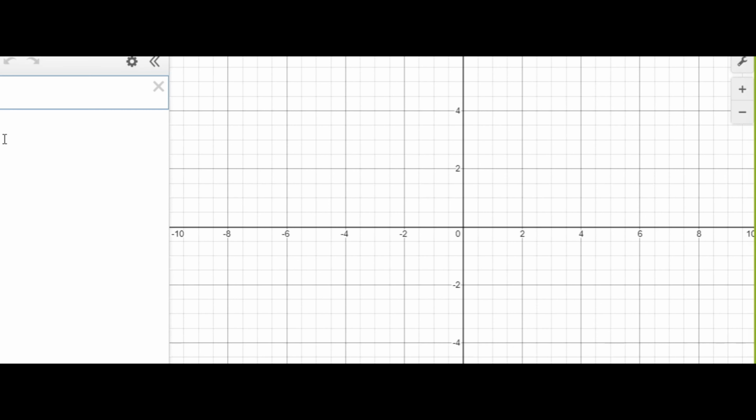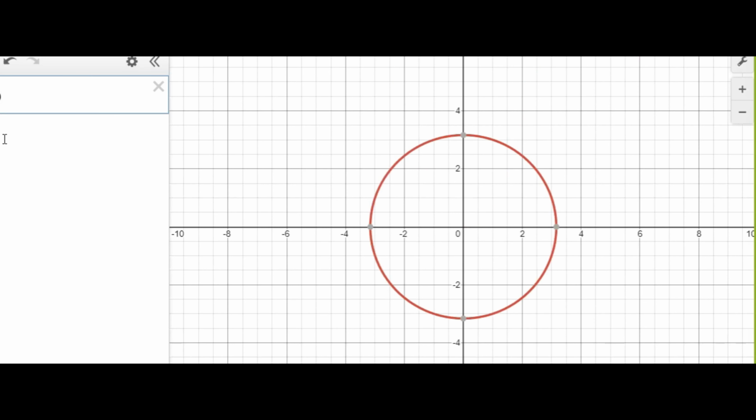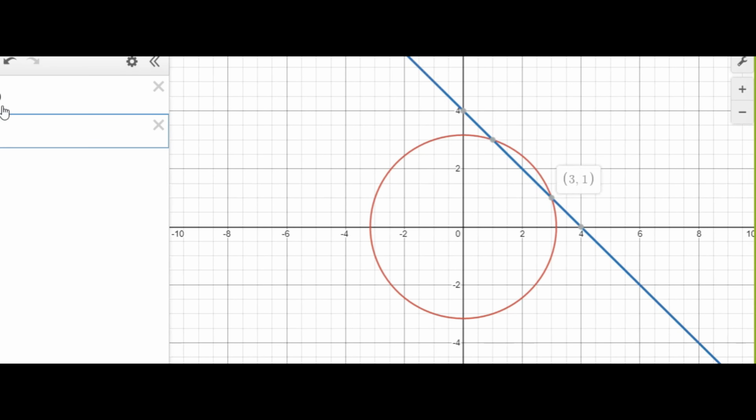So you see, if we pick up a calculator and we try to sketch this equation, x square plus y square equals to 10, this nice circle here. And now the second equation was x plus y equals to 4. So you see, these are the 2 points, (1, 3) and (3, 1). That's it. Okay, so these are the 2 points of intersection.